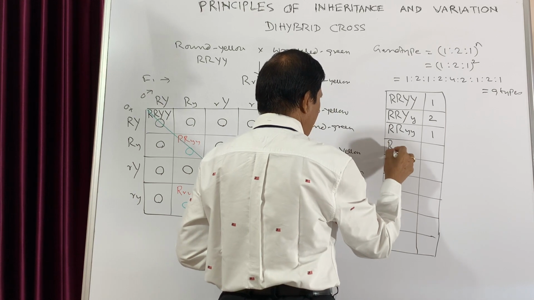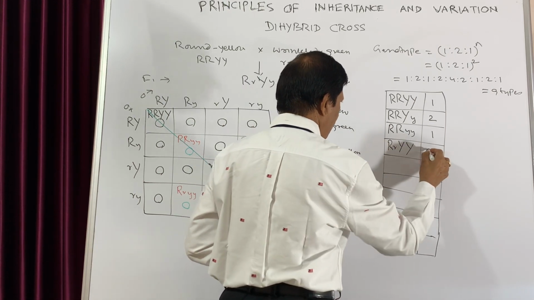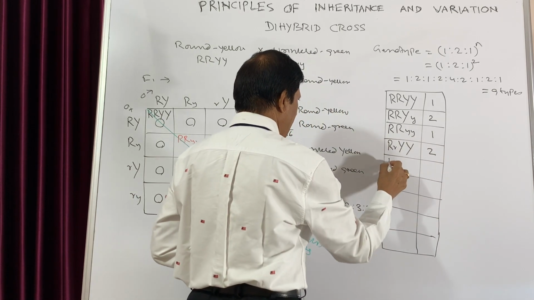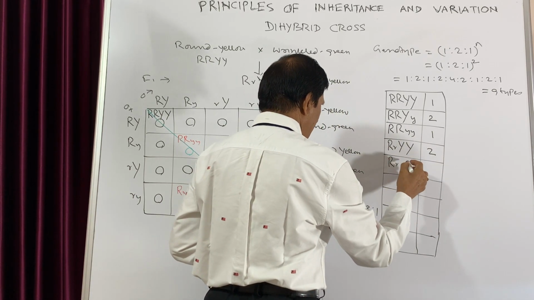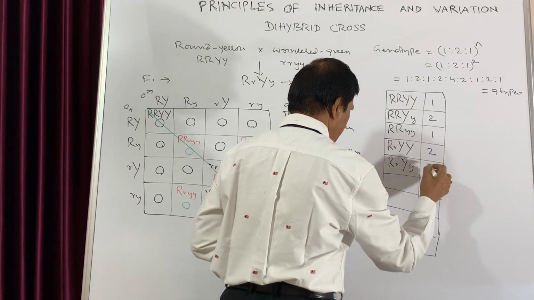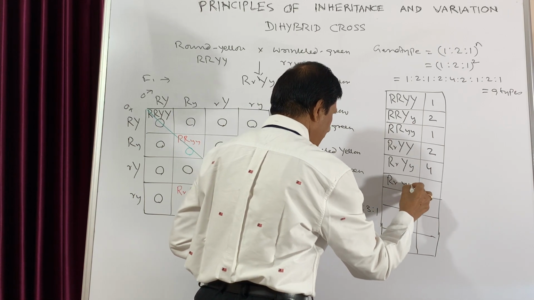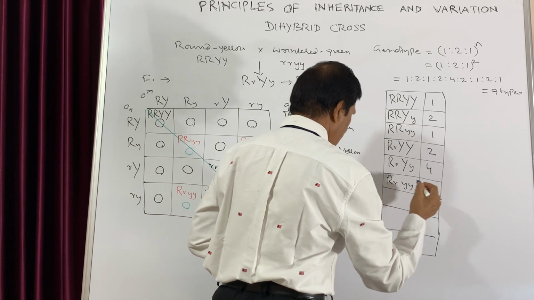Then capital R, small r, capital Y, capital Y, the number will be 2. Then capital R, small r, capital Y, small y, it will be 4. Then capital R, small r, small y, small y, this will be 2.